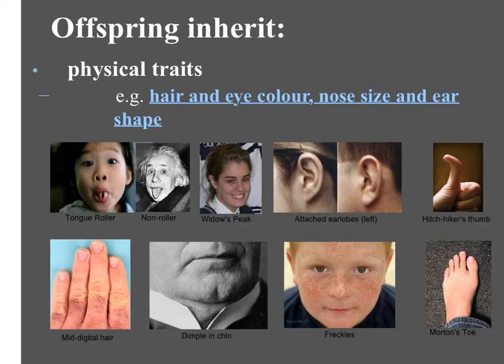And Morton's toe, which is where your big toe is shorter than your second toe. And of course, there's tons of other things like eye color, nose size, ear shape, hair color and texture. So all of these are things that you are going to inherit from your parents.